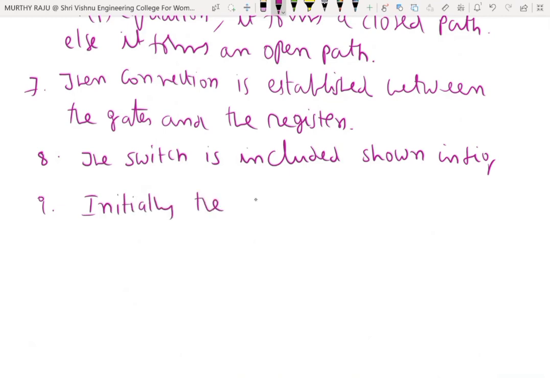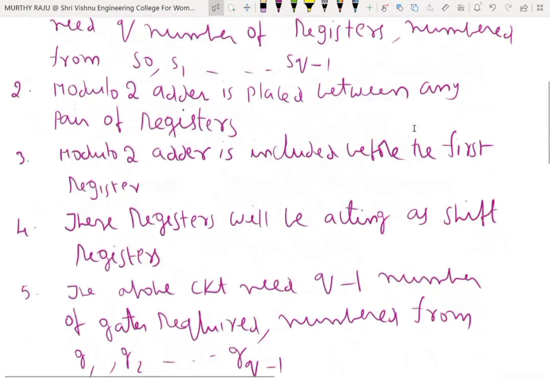Initially the switch is closed, shown in figure.